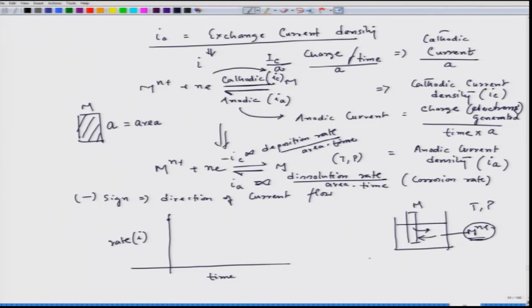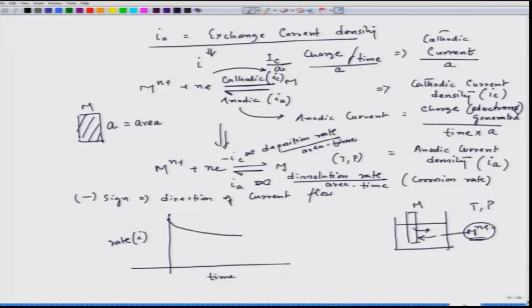At the same time there would be dissolution also. The metal ion will form from the metal surface, and these two opposing processes will try to equilibrate, to reach a particular rate where the rate of deposition and the rate of dissolution are equal. Initially this is the rate, let us say I_C, and I am putting a minus sign because I am considering the direction of current flow, and it is a deposition.